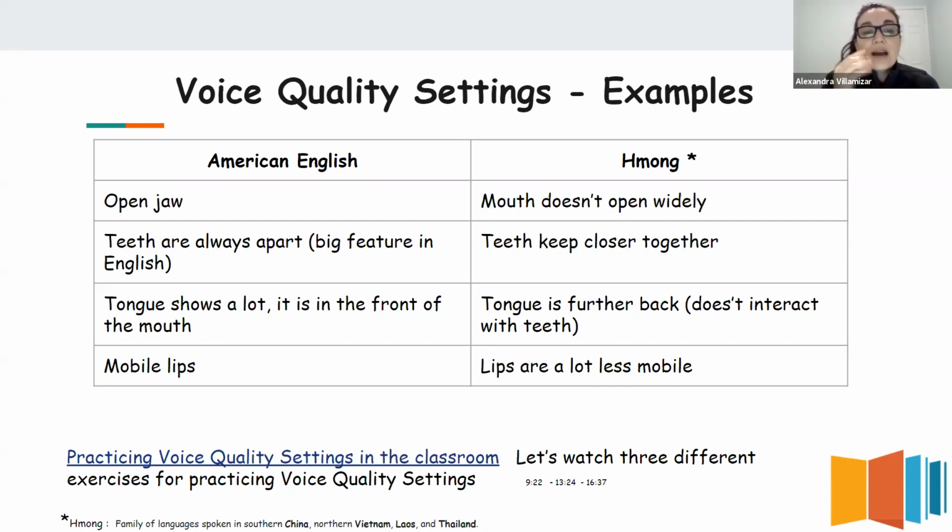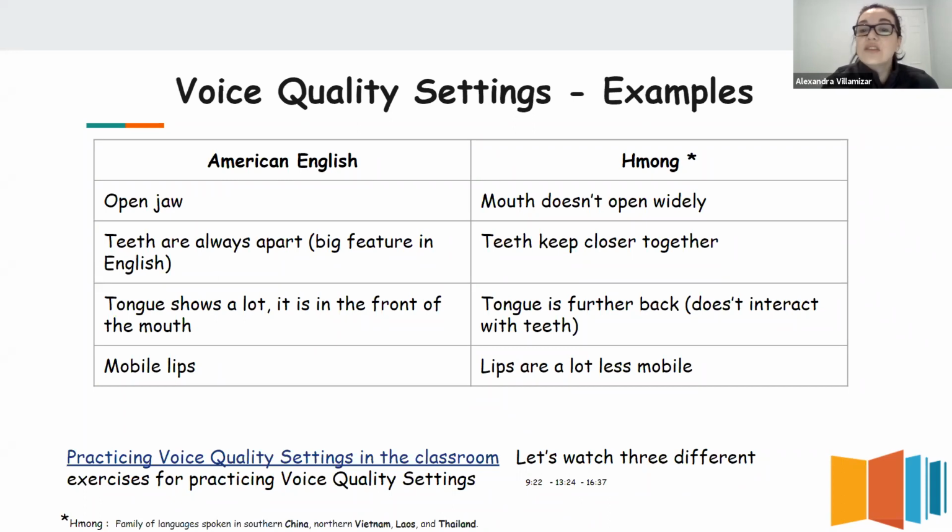In English, the teeth are always apart, while in Hmong, teeth keep closer together. In American English, the tongue shows a lot, and it is in the front of the mouth, while in Hmong, the tongue is further back, and it doesn't interact with the teeth. In American English, we have mobile lips, while in Hmong, lips are a lot less mobile.